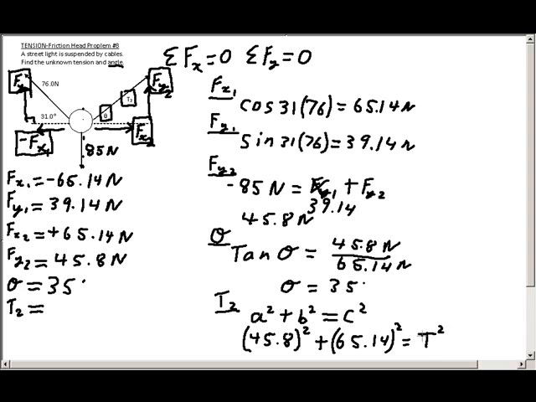When you crunch the numbers, you get 76.66 newtons.